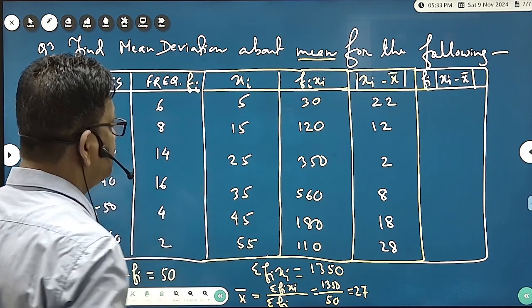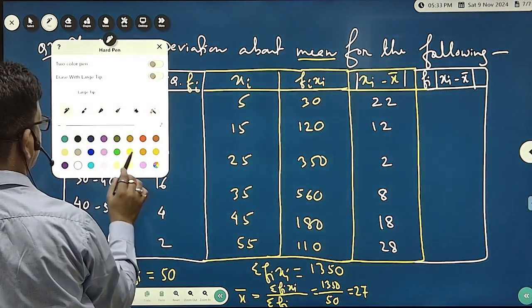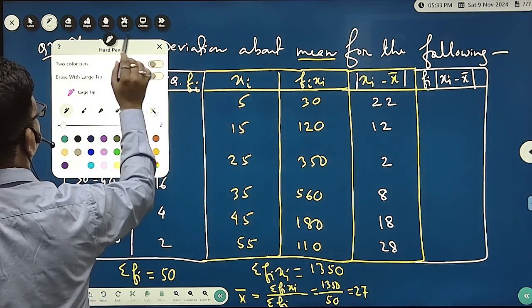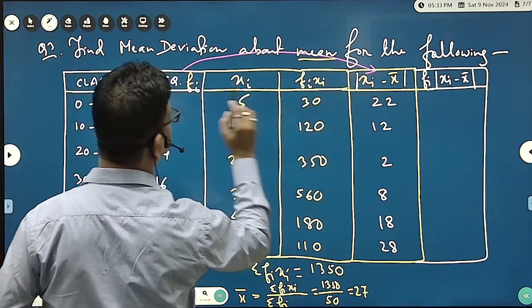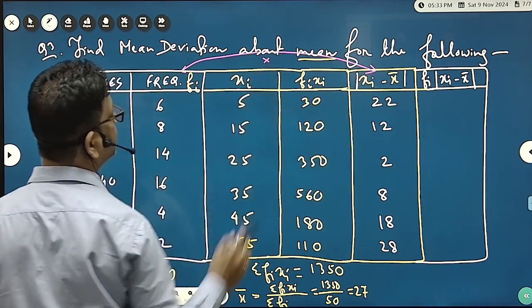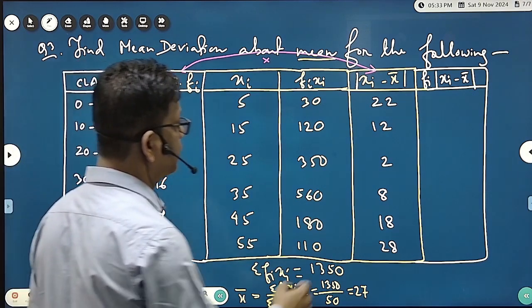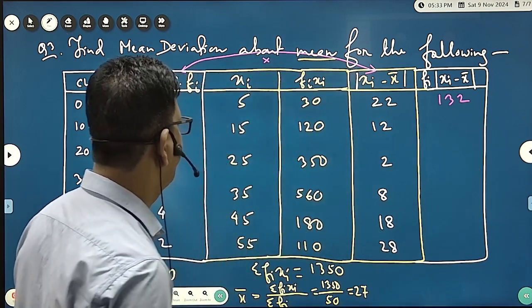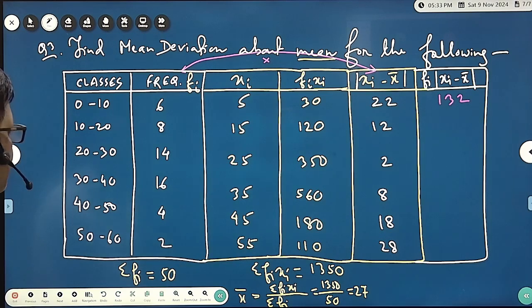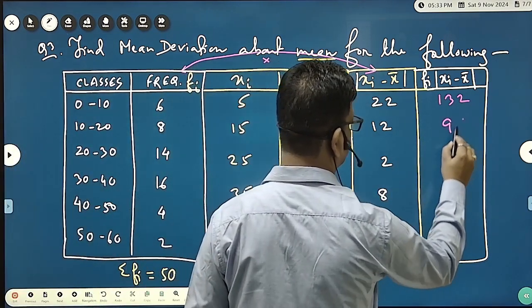Now, I just highlight which columns are to be multiplied. So we are going to multiply this Fi column with this column. What you have to do is just multiply Fi by the modulus of xi minus x bar. So 6 into 22 it will be 132, right? Am I correct? Okay. Then 12 is 96, right?